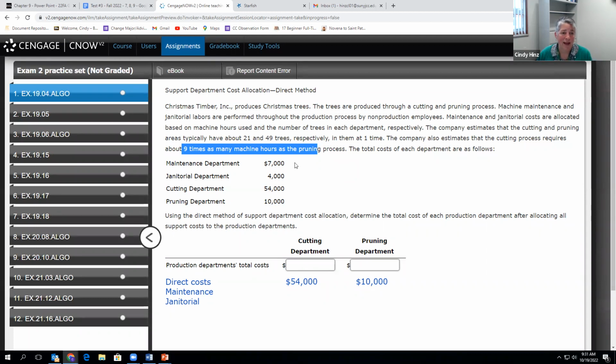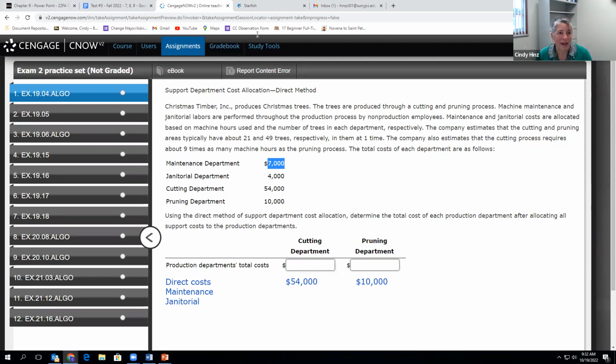In other words, 9/10 of the cost of the maintenance department is going to be allocated to cutting. So if I take this maintenance department 7,000 and multiply by 9/10 or 0.9 or 90%, all of those numbers mean the same thing.